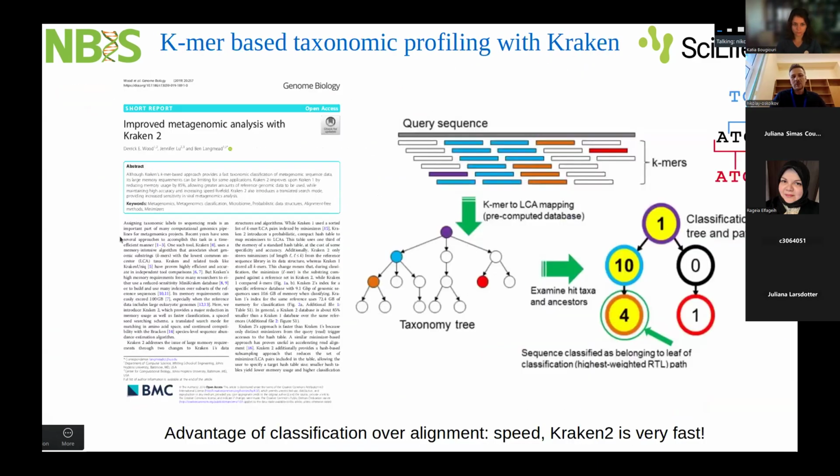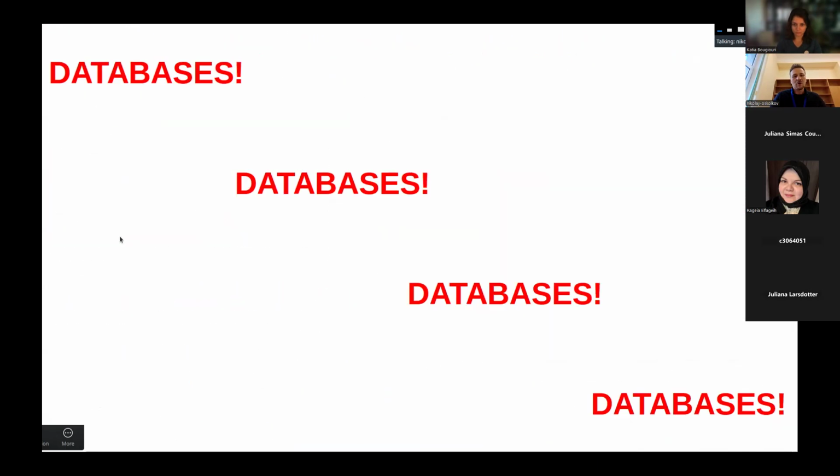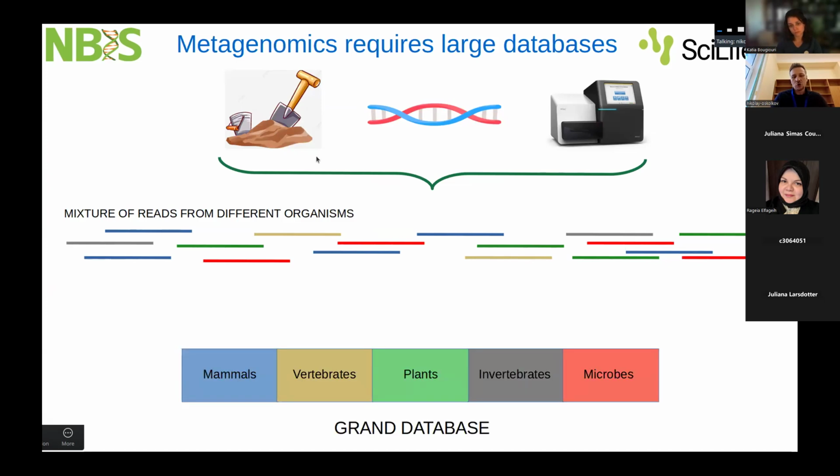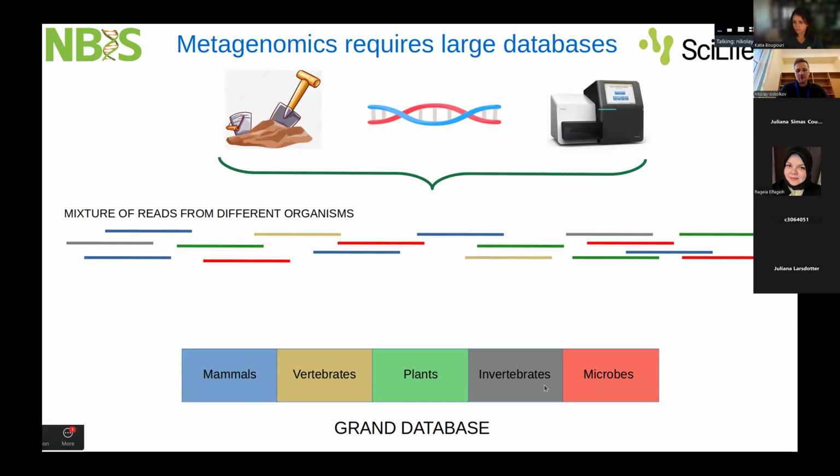But if you're working with an environmental sample, you have no idea what is inside. So in this case, you should do even more extreme competitive mapping. You should include in your database all mammals, all non-mammalian vertebrates, plants, invertebrates, microbes.